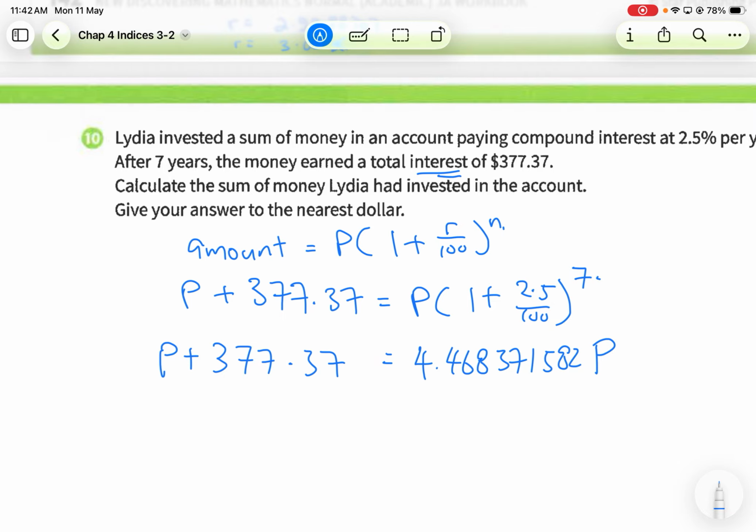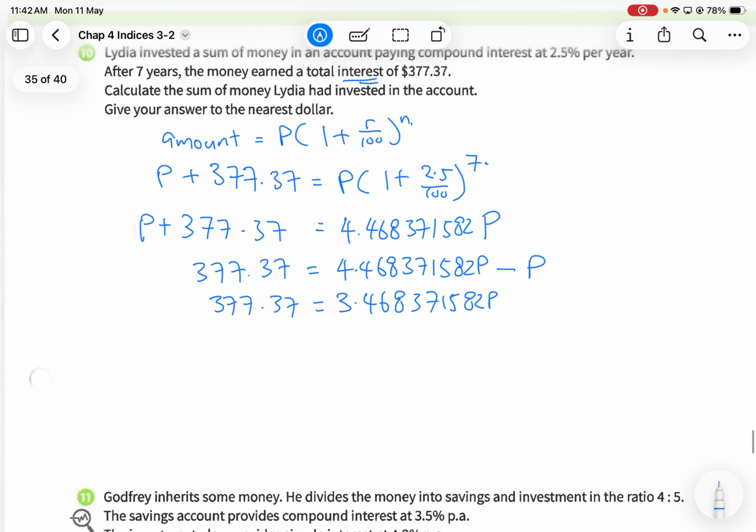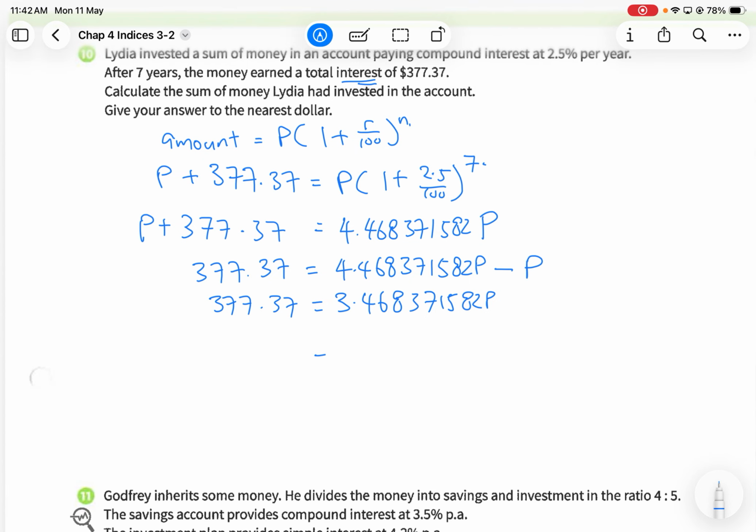If I put all the P's together, I bring my left hand side P to the right hand side. When it goes over to the right hand side, it becomes minus P. Then I will have 377.37 equals 3.468371582P. Then if I divide both sides, I can make P the subject.